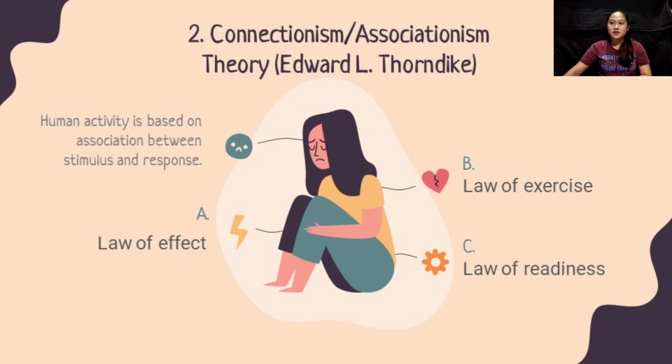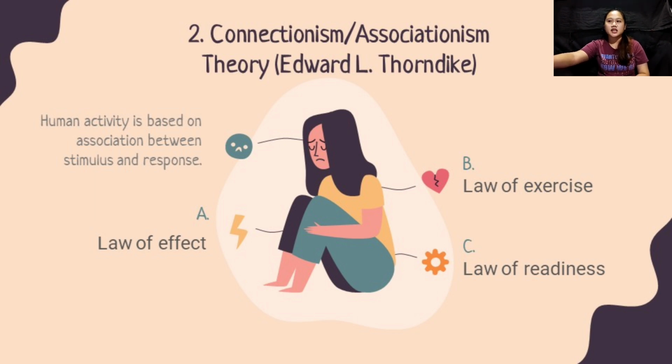So when we say law of effect, those behavioral responses that were most closely followed by a satisfying result were most likely to become established pattern and to occur again in response to the same stimulus. So next is the law of exercise.